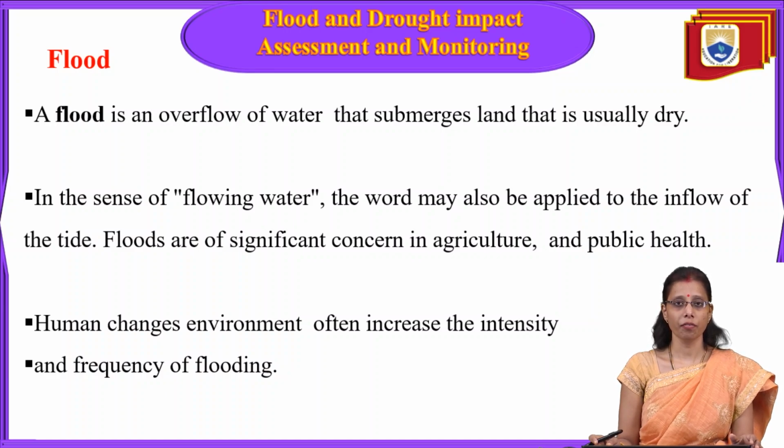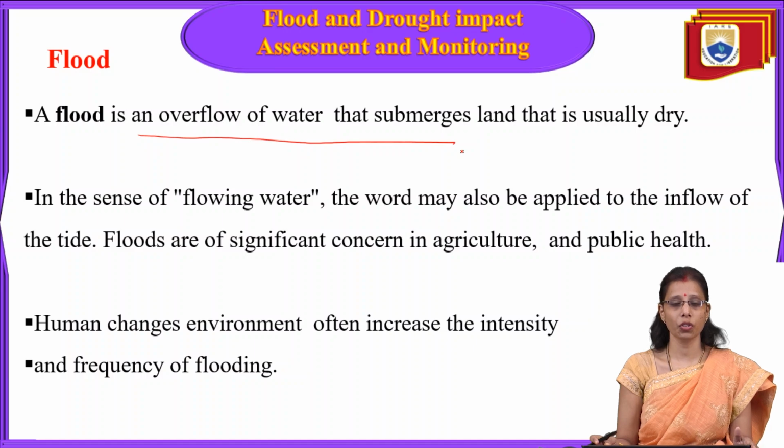So basically, what is a flood? A flood is an overflow of water, when it is in excess in quantity. It occurs whenever rainfall is very heavy, with hailstorms and high intensity. Then the runoff will be more. A flood is an overflow of water that submerges land that is usually dry.